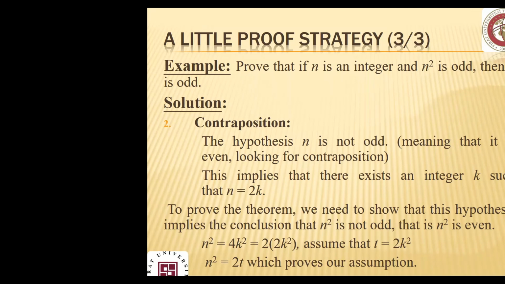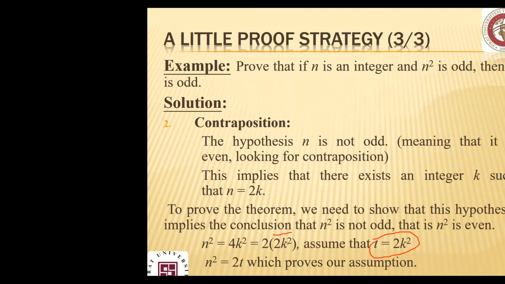Then substitute 2k in n squared and see, 2k all squared will be 4k squared, or in other words, 2 times something. Whatever it is, as long as it's composed of k, it will ultimately be an even number. By the definition of an even number, 2 multiplying something which is an integer, k squared, as long as k is an integer, its square is also an integer with no problem.